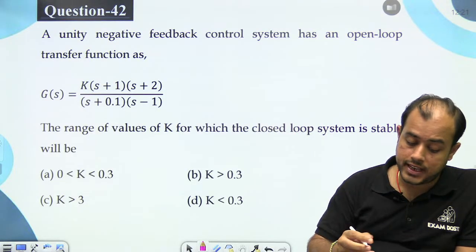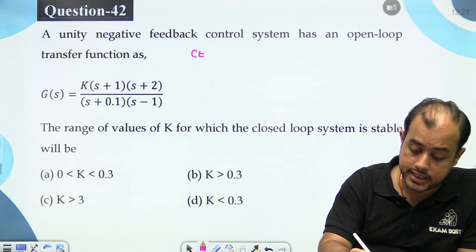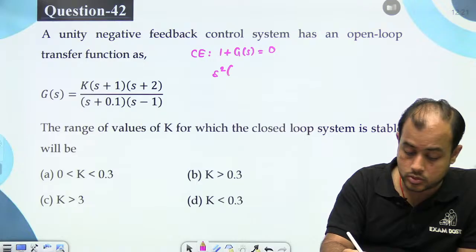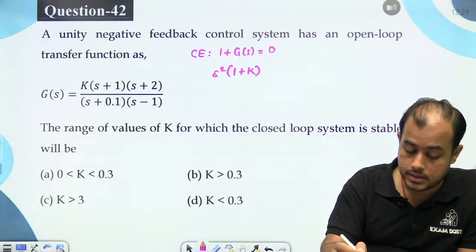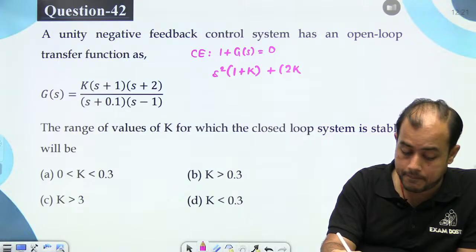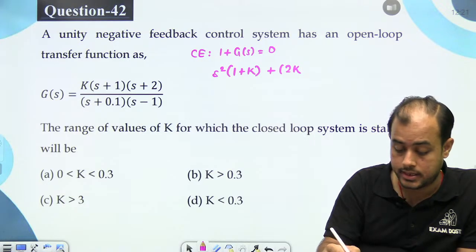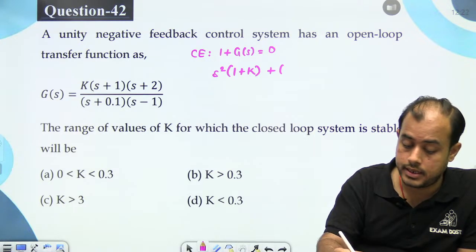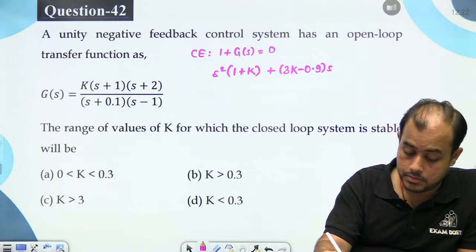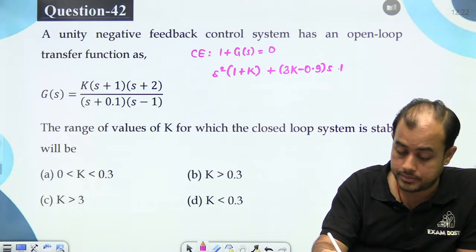The range of k for which the system is stable, characteristic equation is 1 plus gs equal to 0, s square (1 plus k) minus 0.9s or 2k, 3k actually, 3k minus 0.1 or 2k.